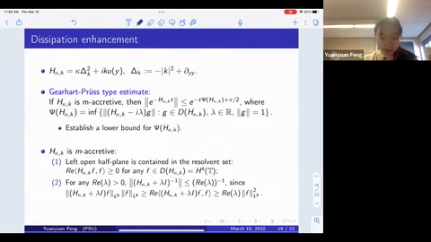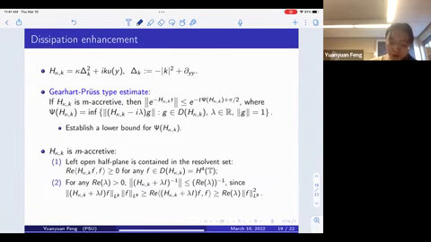We also use the Gerhardt-Prust type estimate, which says that if H kappa k is M-accretive, then the semigroup e to the negative H kappa k t can be bounded by e to the negative t times psi of H kappa k plus a constant pi over 2, where psi of H kappa k is defined as the infimum of the norm of (H kappa k minus i lambda) acting on g, for any g in the domain of H kappa k.